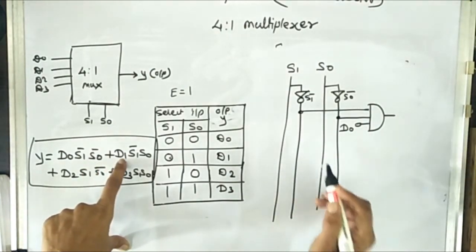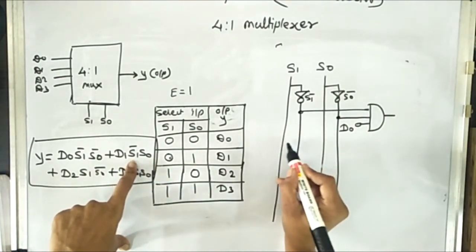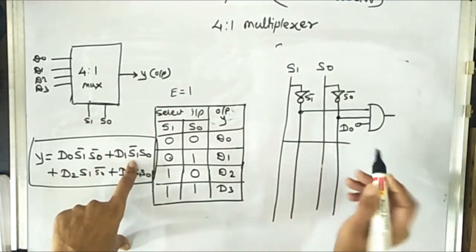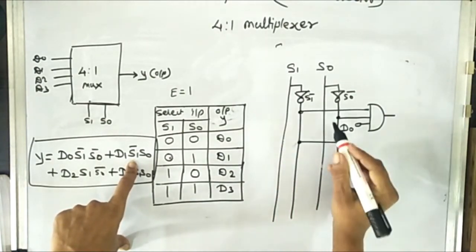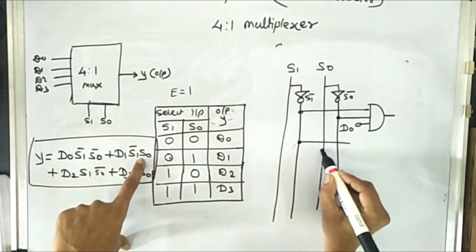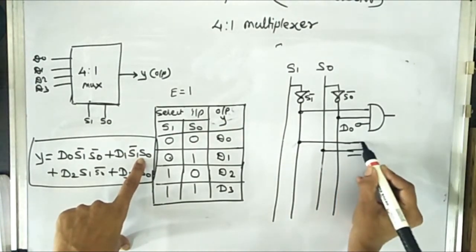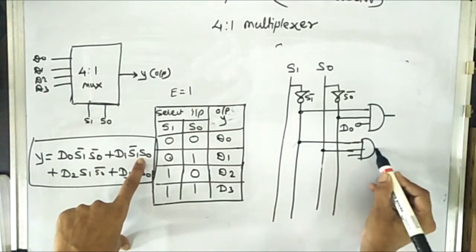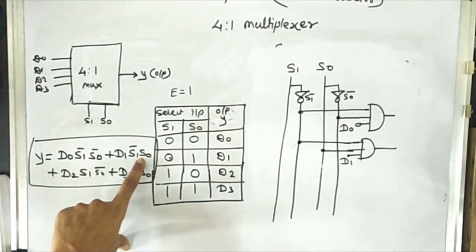Now our second term is D1 S1 bar S0. So here we have to take S1 bar. Now S0, it is uncomplemented, so we have taken the uncomplemented line from here, and the third input for this AND gate is D1. So we have written over here D1.